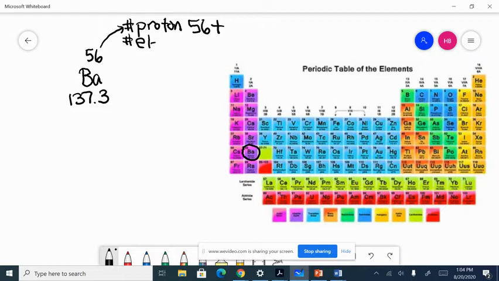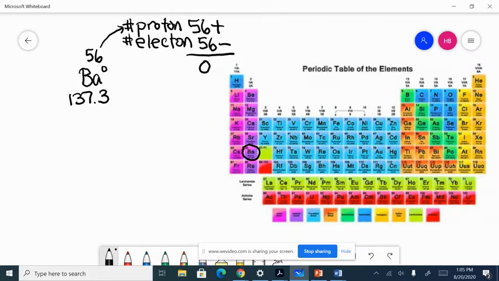So if it's an atom, it has the same number of electrons as it does protons. So we have 56 protons, so we have 56 electrons. Plus 56 minus 56 gives you 0. That's an atom. So it has no charge. Usually when we have no charge, we don't put the 0 up here, but you might see it occasionally. So now we know how many protons we have and how many electrons we have.